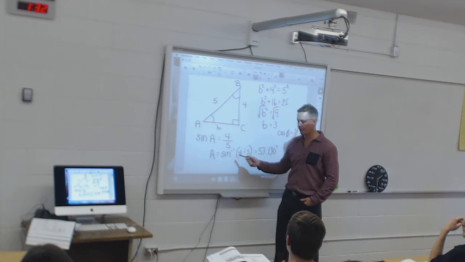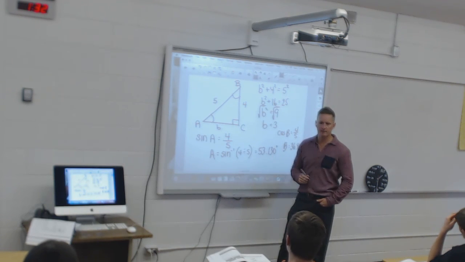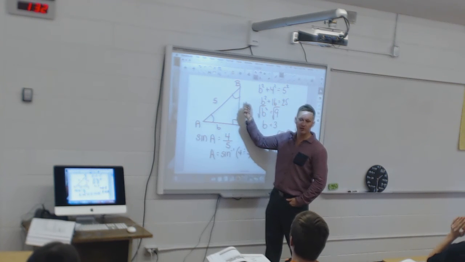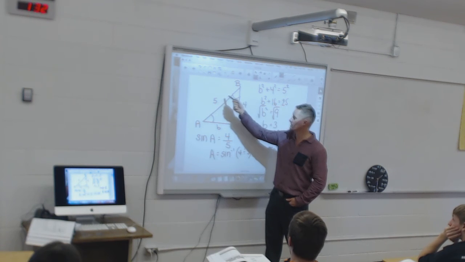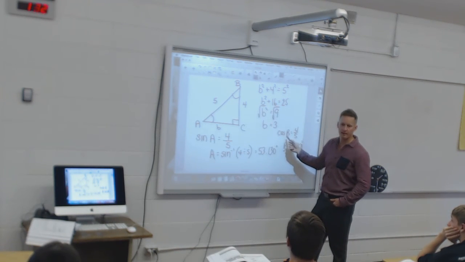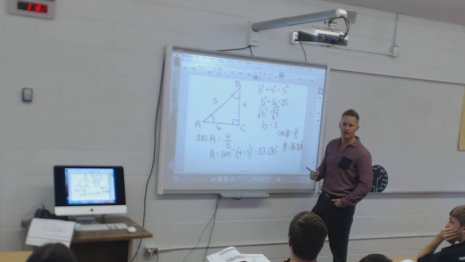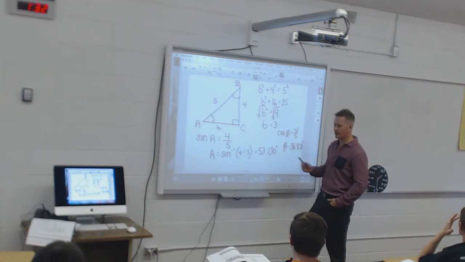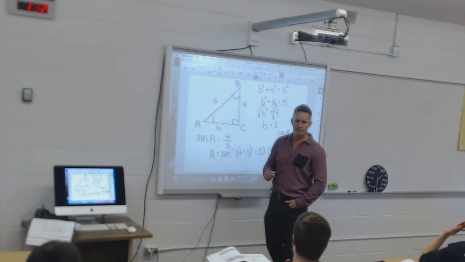Then I use second function sine to get the angle. Now when I was talking about B, this side is the adjacent side, and this is still the hypotenuse. So now I go cos of B, because that's adjacent over hypotenuse. And then I do second function cos again, and I get my angle that way.